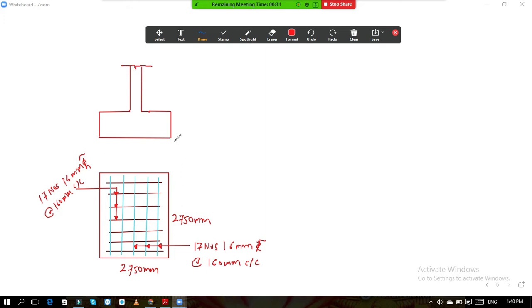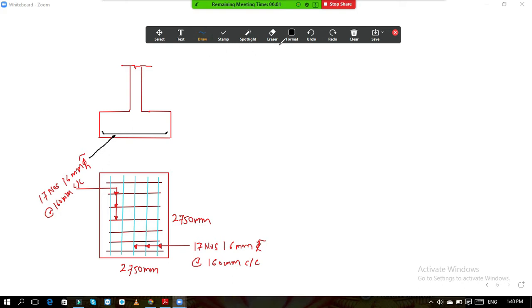This type of footing is there. Now steel in x direction. So we will draw first the steel in x direction. So this is the steel in x direction. This is the steel in X direction.